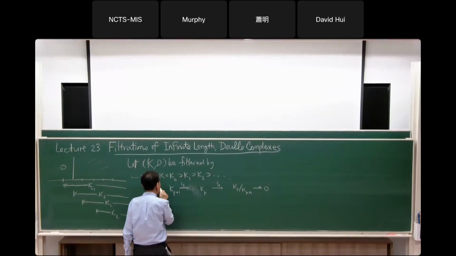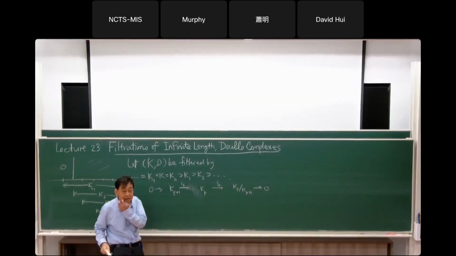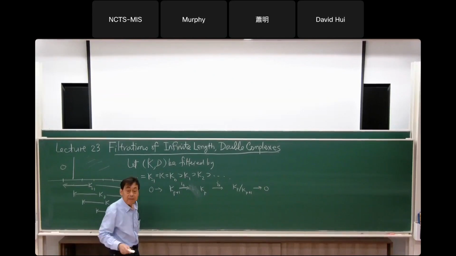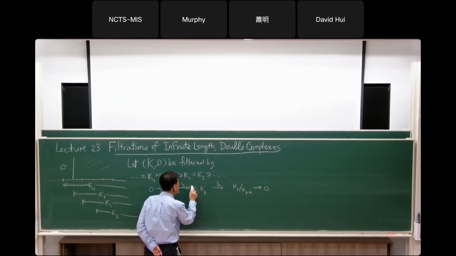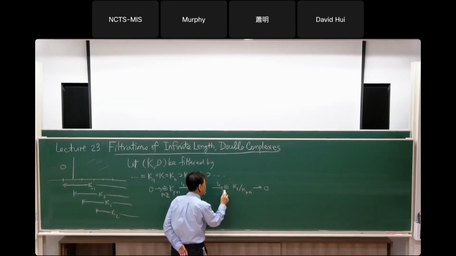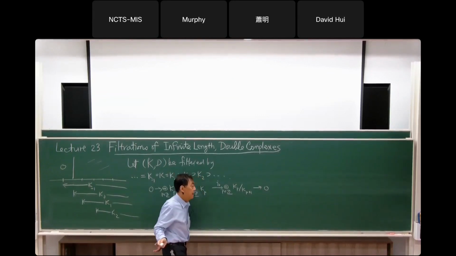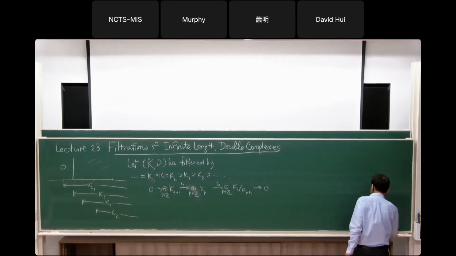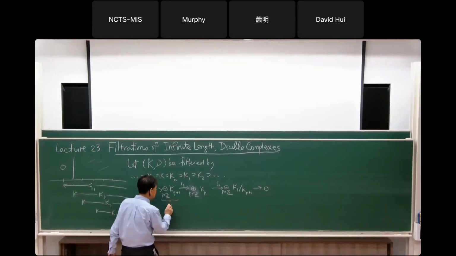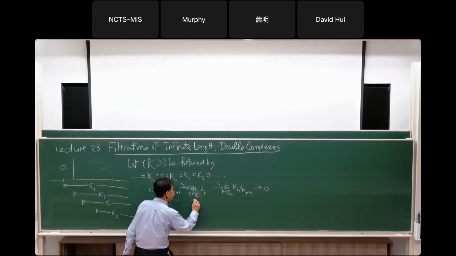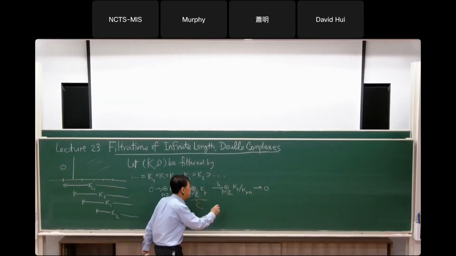For each P, you have a short exact sequence, and then we can take the direct sum over all P in Z. And this complex we call C, and the quotient we call B.